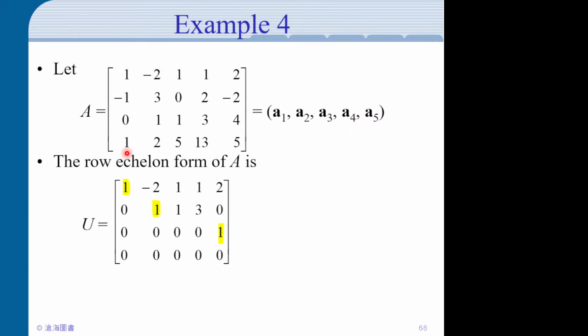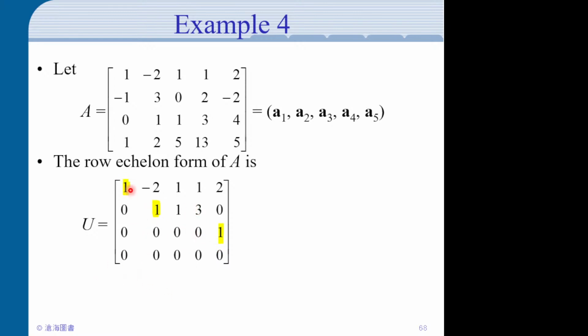So hopefully you are all very familiar with doing a calculation to get a row echelon form. So the row echelon form of A is U, which is 1 0 0 minus 2 1, etc. And with a row echelon form like this, we have three lead variables and 2 free variables here.